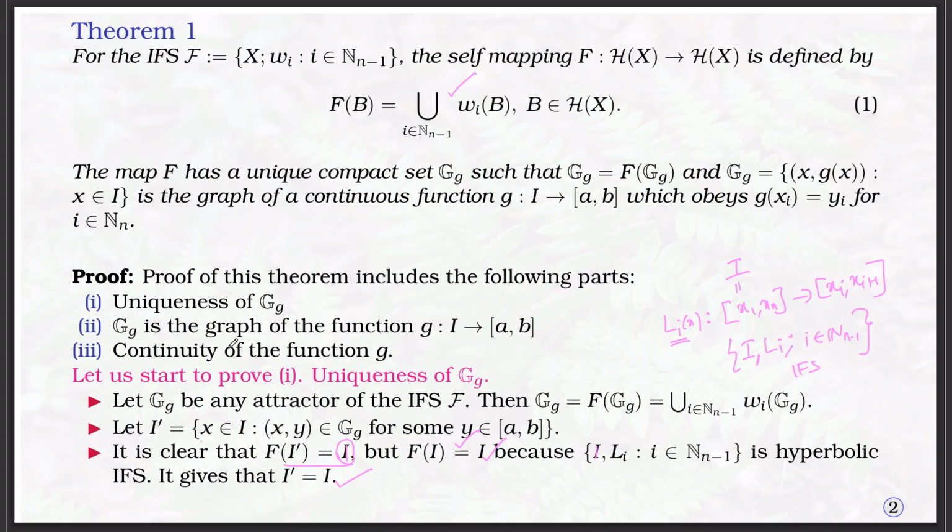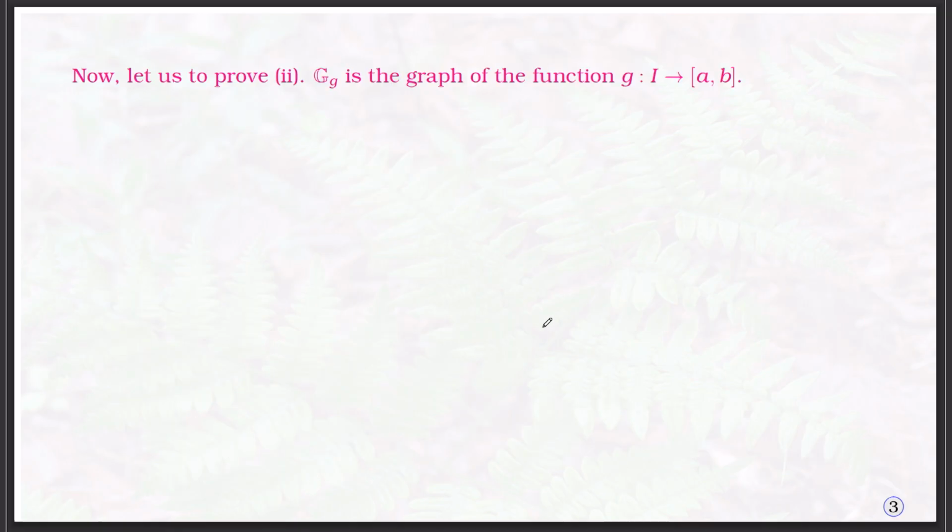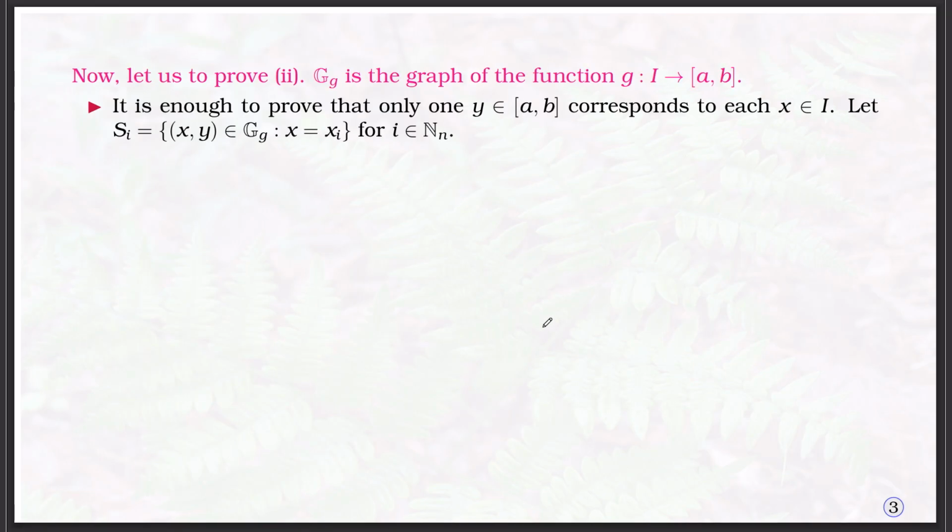Now let us move to the second part. G is the graph of the function g from I to [a, b]. For proving this, it is enough to prove that only one y in the interval [a, b] corresponds to each x belongs to I. So let us take S_i defined as (x, y), where x equals x_i which maps to y; we take this as S_i, for all i belongs to n, since we have n number of points.